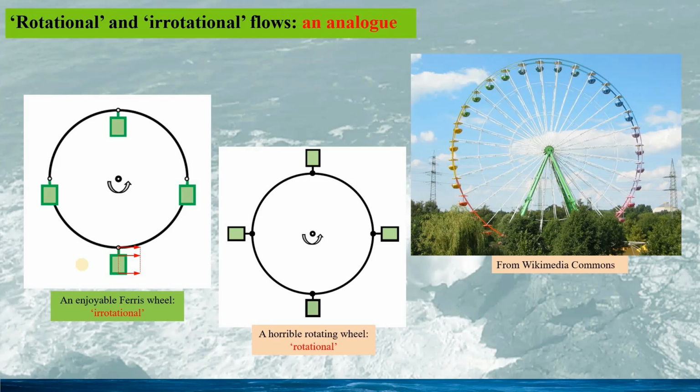A contrast is a horizontal rotating wheel, on which the capsules are welded on the rim of the wheel. And when the wheel rotates, the capsules move rigidly with the wheel, and a capsule would be in an upside-down position when it reaches the top.